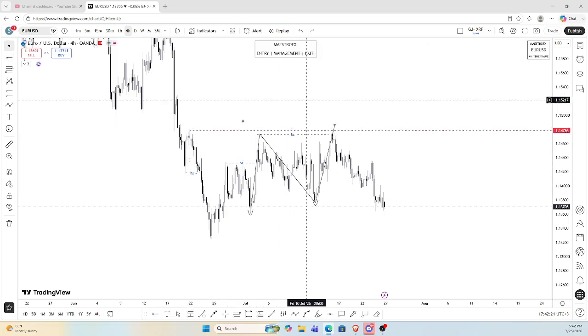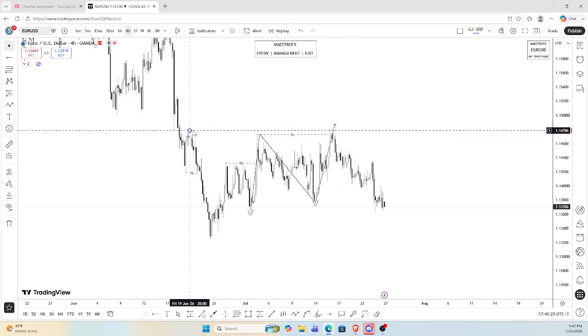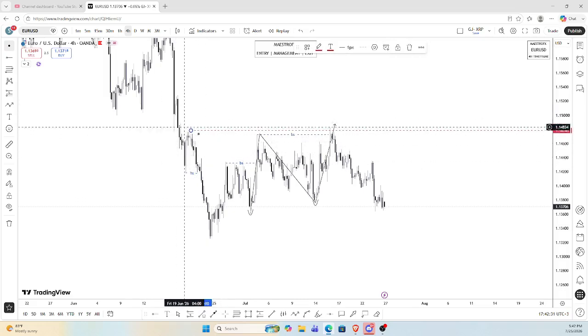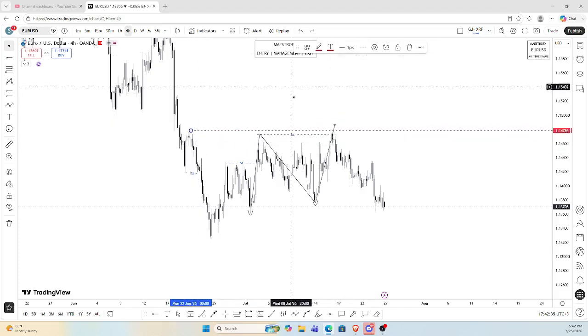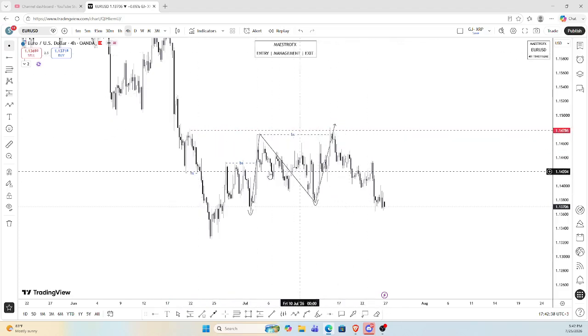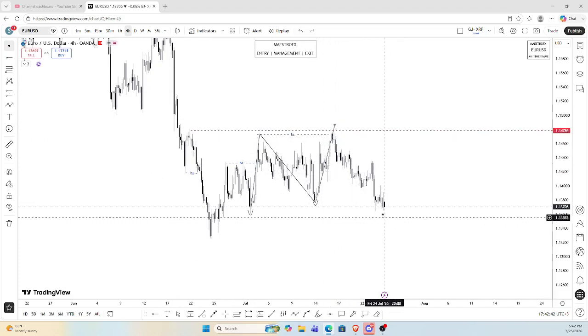We did not only take this liquidity, but we also took the liquidity which was up around this swing high. And so pretty much that could be the catalyst for this move down.